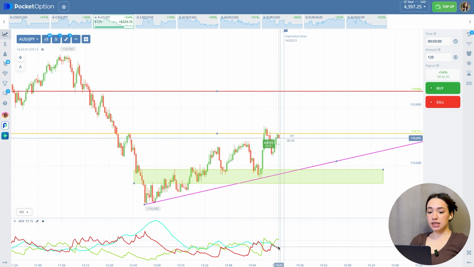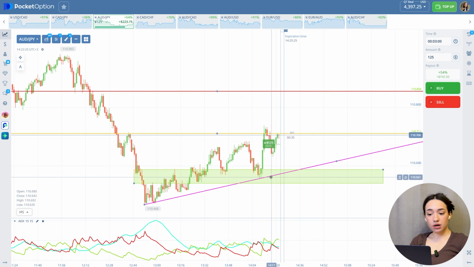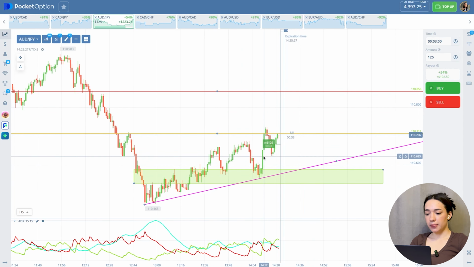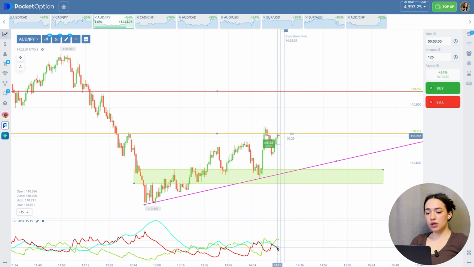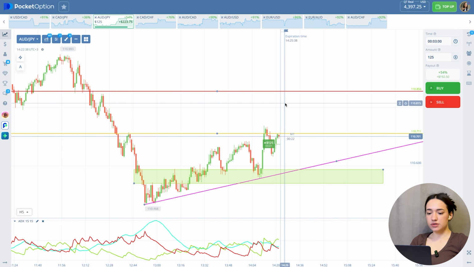So right now it's located there, and overall that is still quite enough to open a buy setup. Because already from around 20% we can see some kind of hint of market momentum.